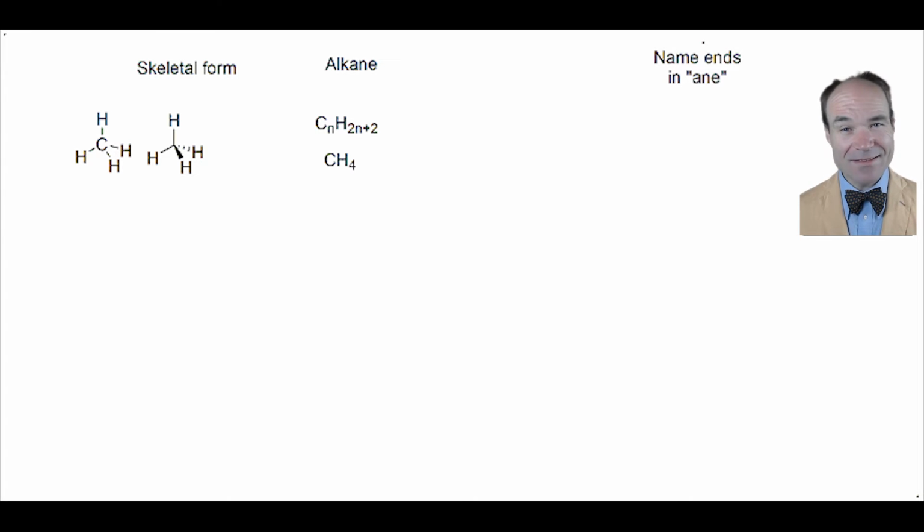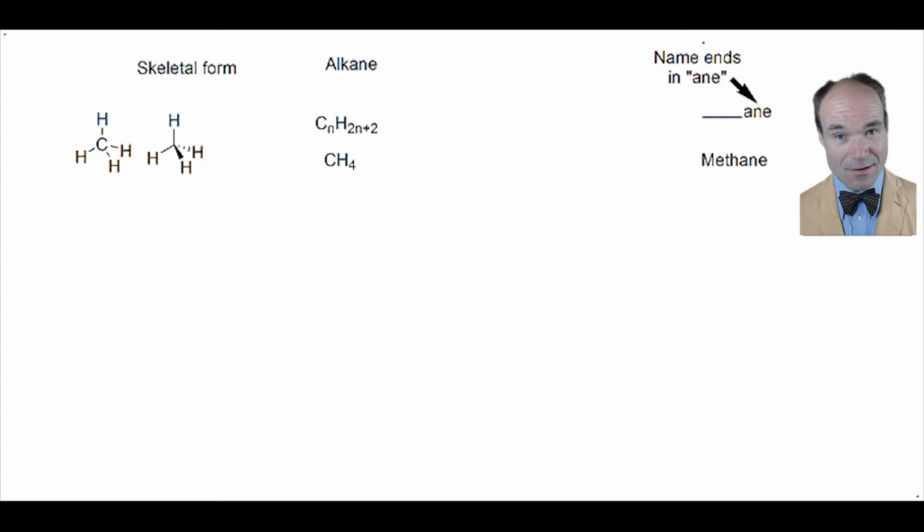Let's put ane at the end of the name. But what are we going to put at the beginning of the name? It really should tell us that there is 1 carbon. How about meth? Nothing says 1 carbon quite like meth does. I'm going to call this molecule methane.